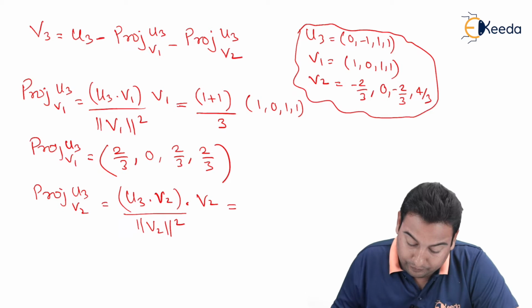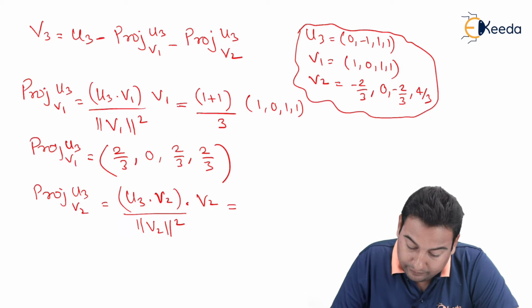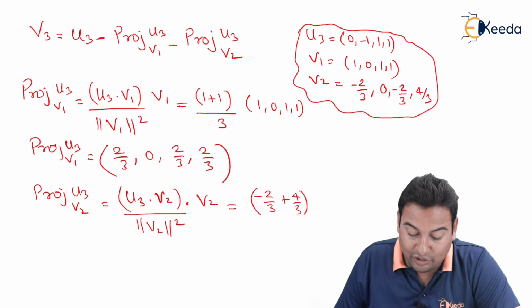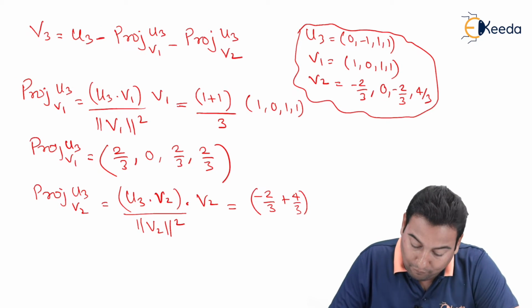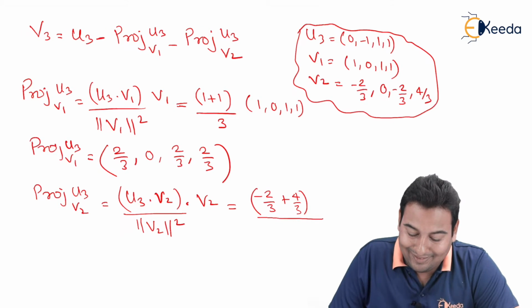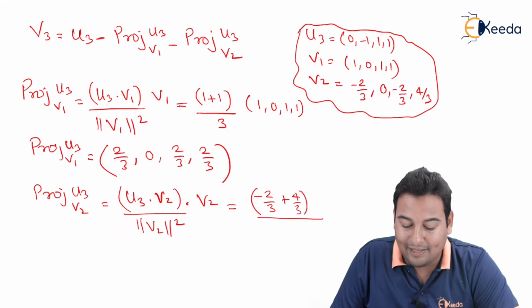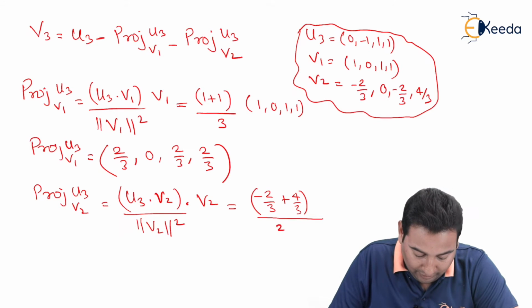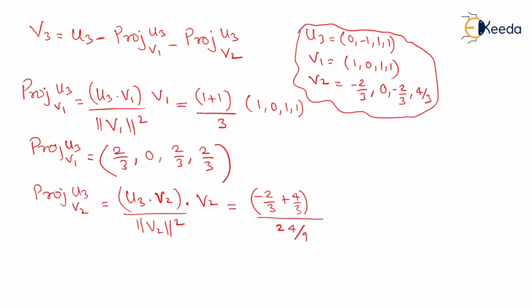For u3 dot v2, the dot product is -2 by 3 plus 4 by 3, because the first and second are 0, because 0 into -2 by 3 is 0, -1 into 0 is 0, 1 into -2 by 3 is -2 by 3 and 1 into 4 by 3 is 4 by 3, upon norm of v2 square, that is 4 by 9 plus 4 by 9 plus 16 by 9, that is 24 by 9, into v2, that is -2 by 3, 0, -2 by 3 and 4 by 3.